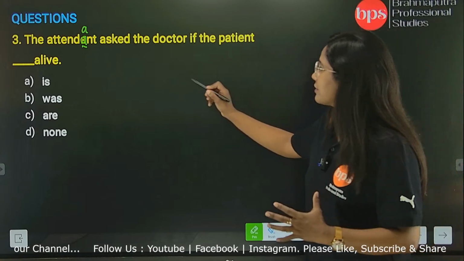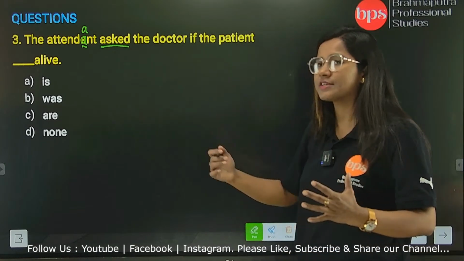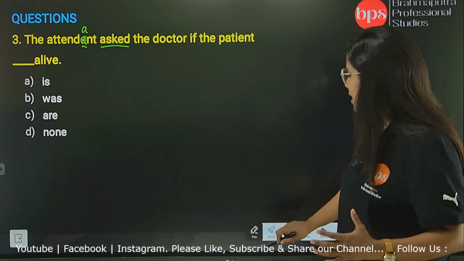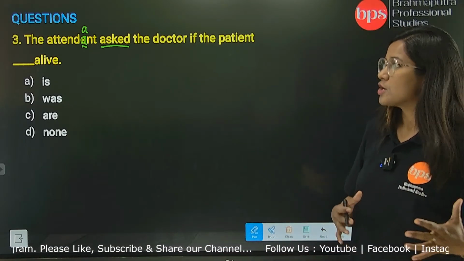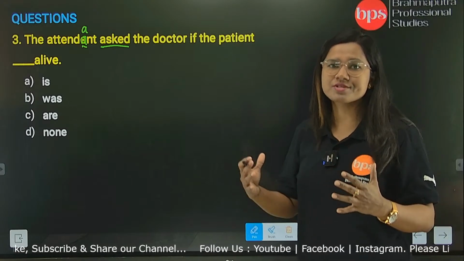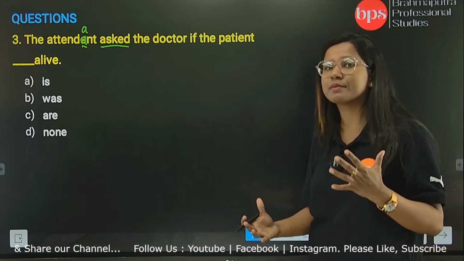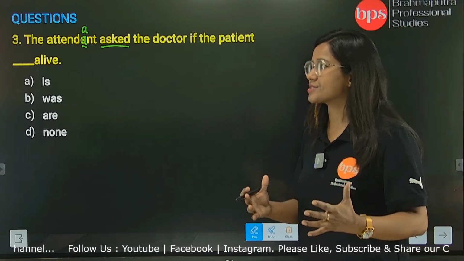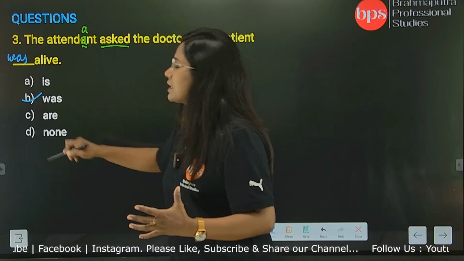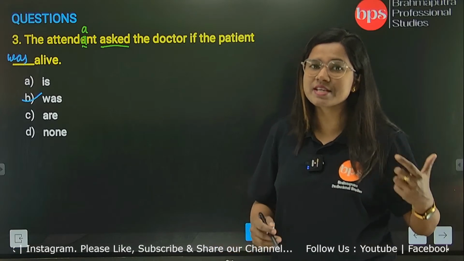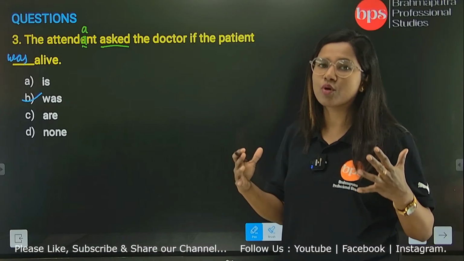So because here the attendant is trying to ask the doctor if the person is alive or was alive. So whenever there is the proximity or there is a predictable question, we put was, because here there will be the thing that if he is alive or he was alive.